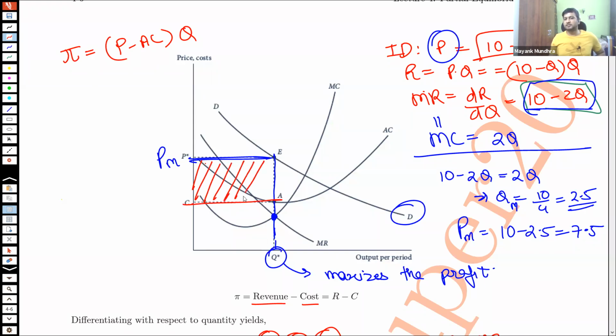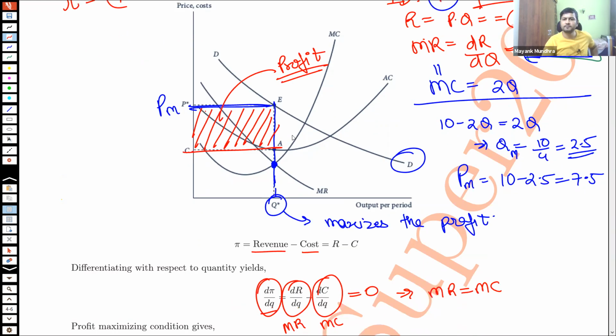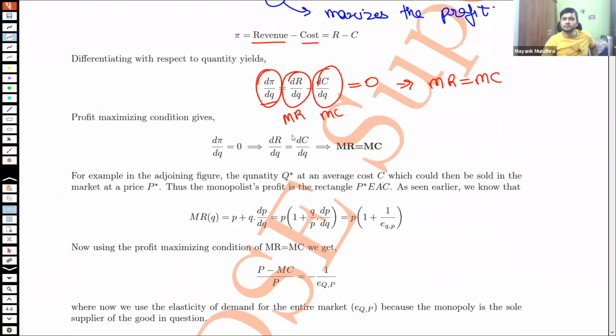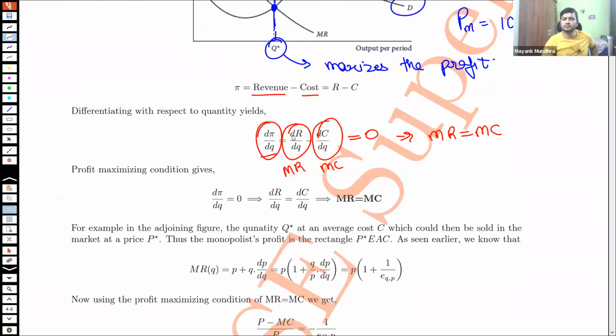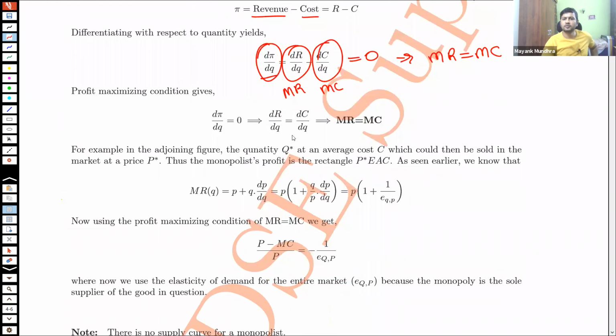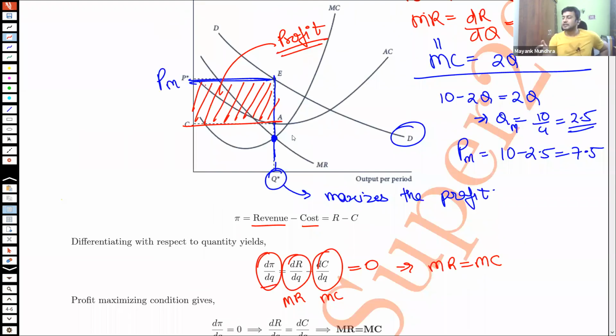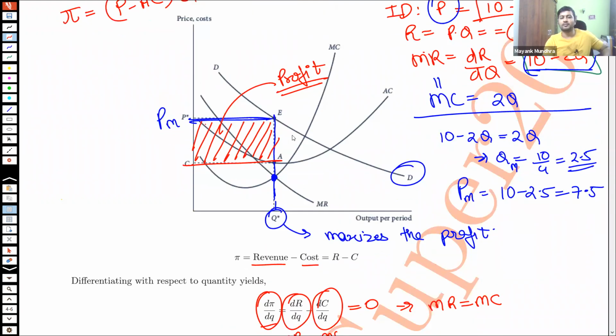So price minus average cost into quantity is this rectangular area. So this is your profit. All right. So graphically, this is the entire setup of a monopoly.